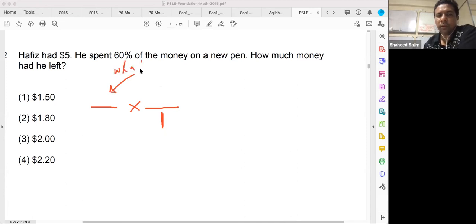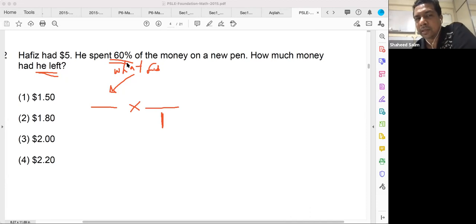What do you want to find? See how much money you had left. We do not know the money, we want to find that out. But we can know it in percent. He spent 60%. So how much money is left in percent? 60% is spent. How many percent is left?